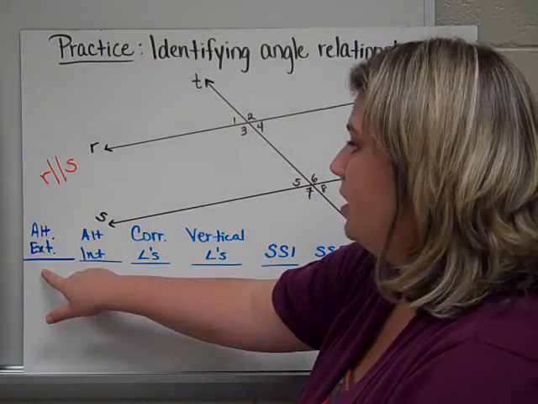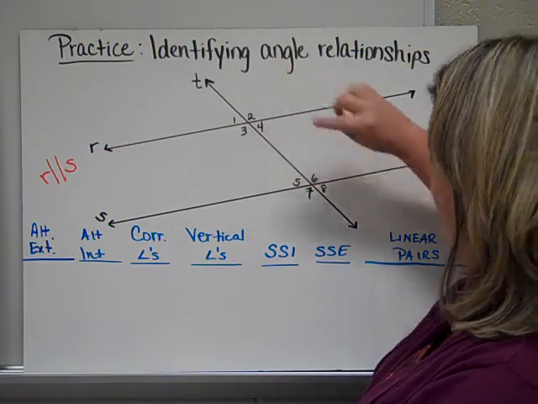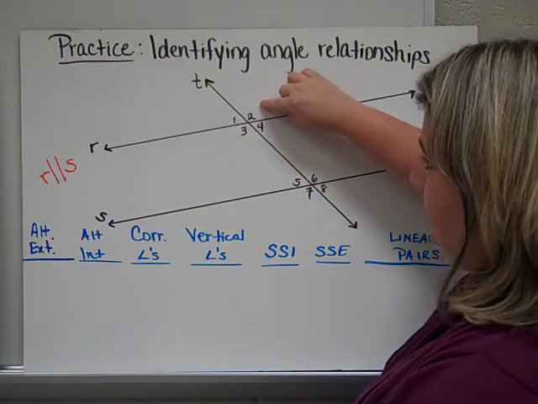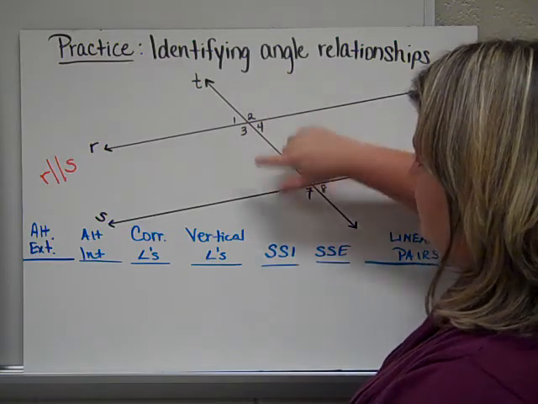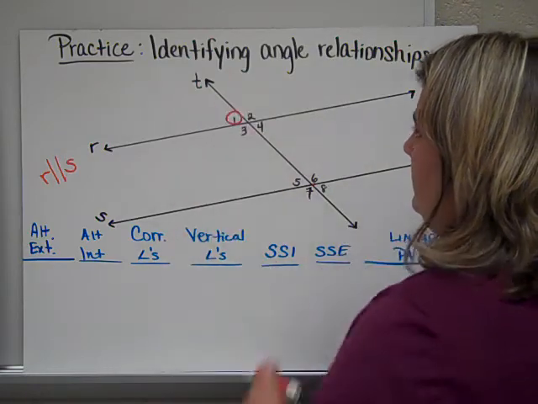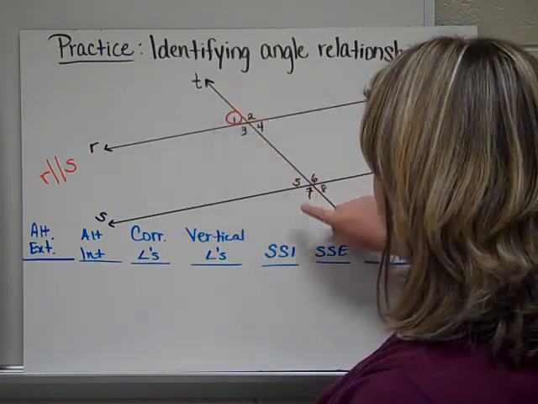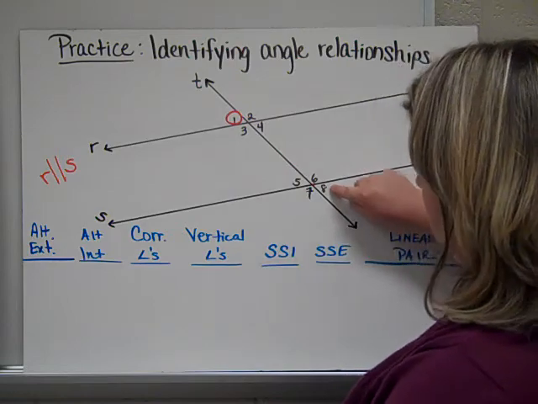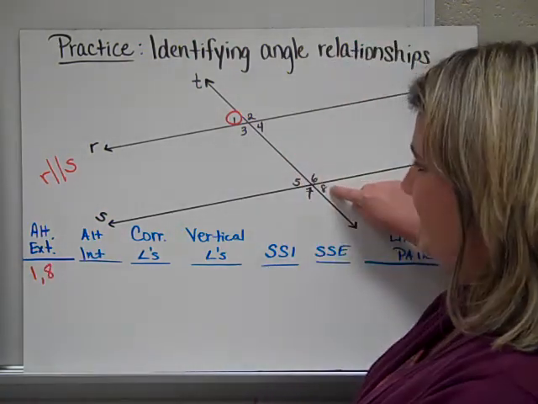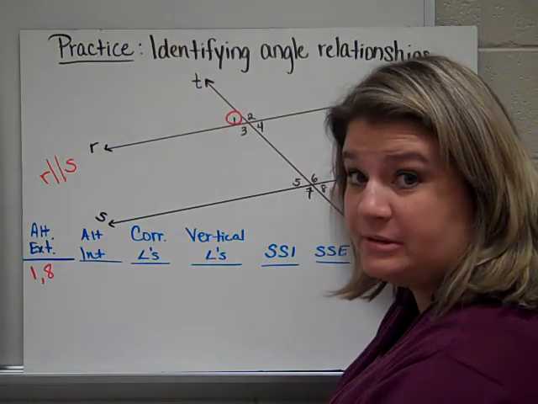Remember what those are. Exterior means outside of the parallel lines, and alternate means opposite sides of the transversal. Let's talk about angle 1. Outside and alternate, so angle 1 and angle 8 would be alternate exterior angles.